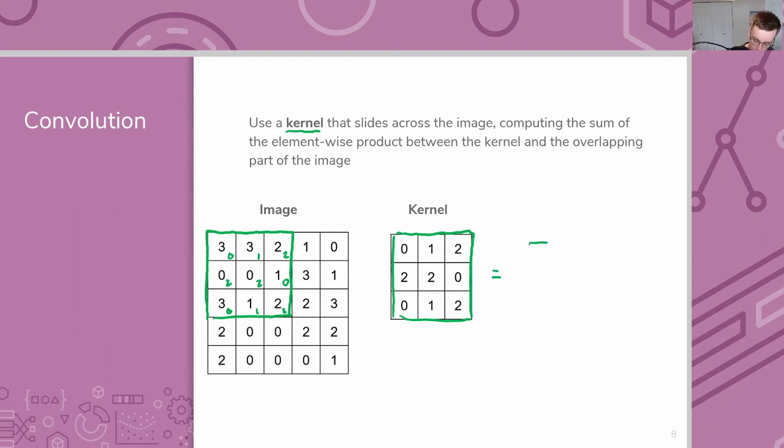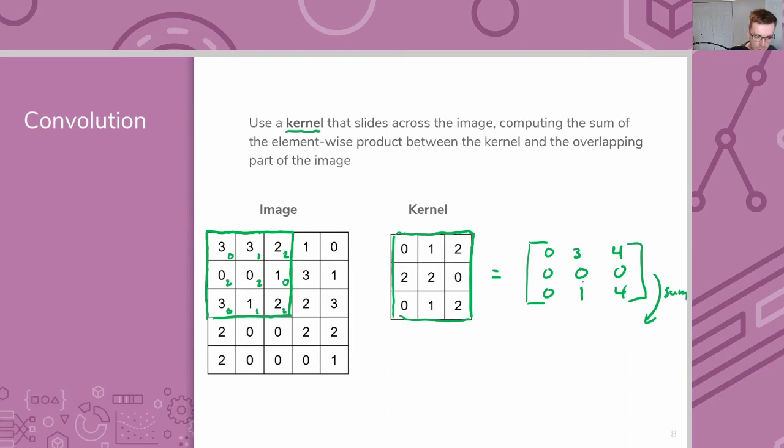The element-wise product of these two things would be 0 times 3, which is 0, 3 times 1, which is 3, 2 times 2, which is 4, 0 times 2, which is 0, 0 times 2, which is 0, 1 times 0, which is 0, 3 times 0 is 0, 1 times 1 is 1, 2 times 2 is 4. We take this element-wise product and sum it up.